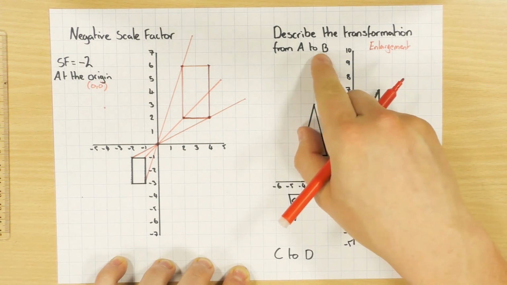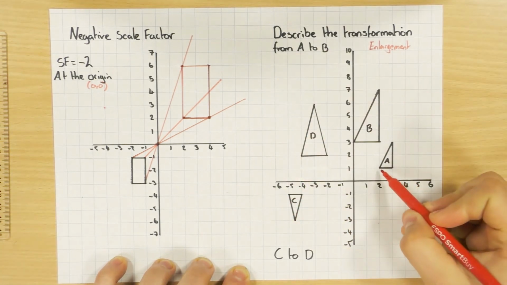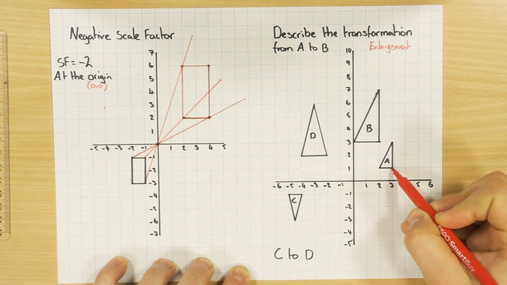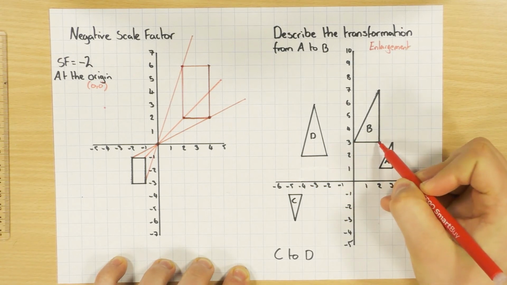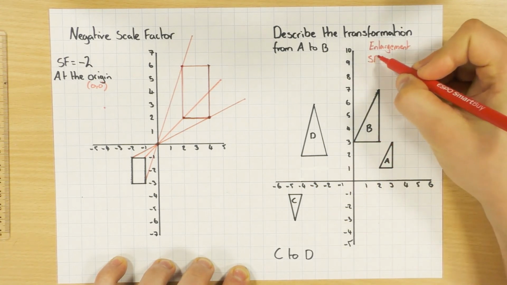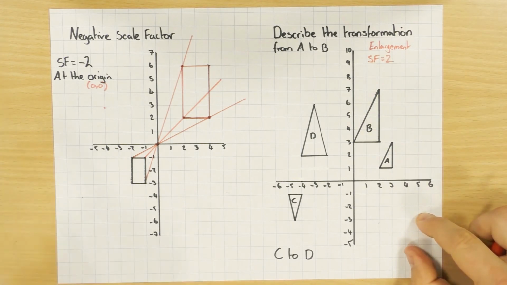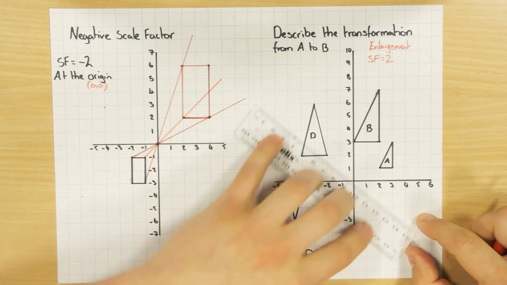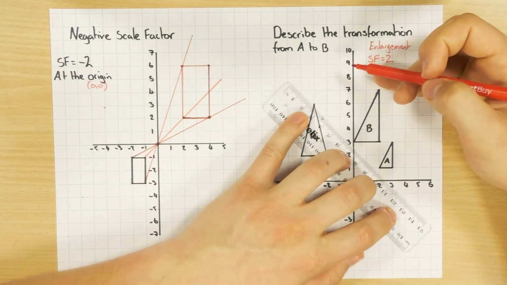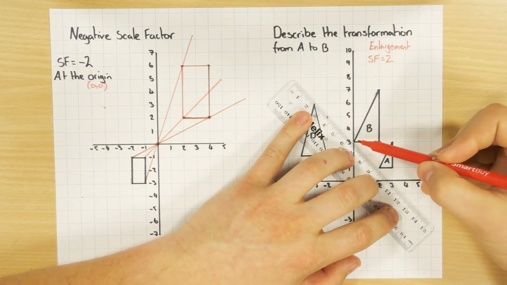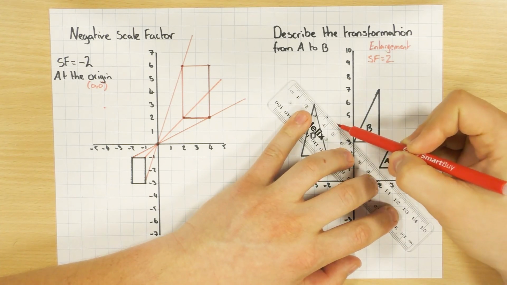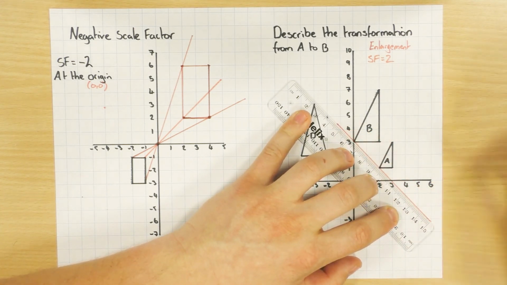So if we just stick with the A to B one first, just compare 2 lengths. Well, that one is 1 length, this one is 2 lengths, so it's got twice as big, so that's easy, the scale factor is 2. Now, to find the centre of enlargement, we use our old trick with the grid lines, and you line up the corner to corner, and you draw a line.